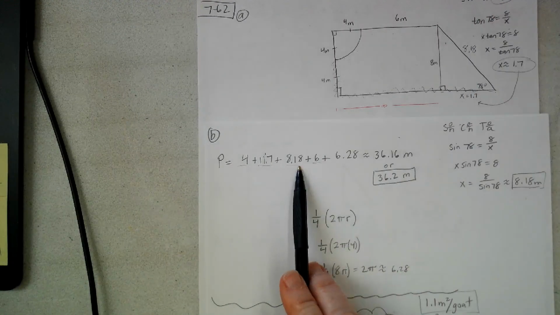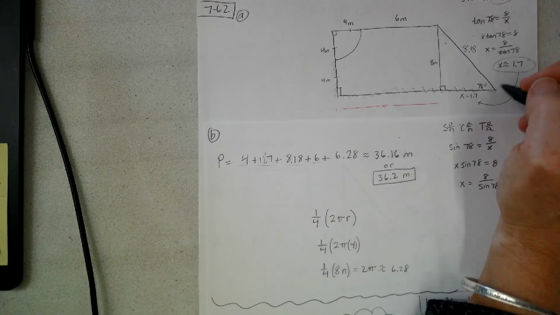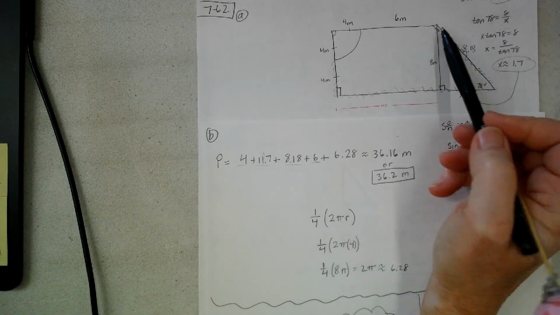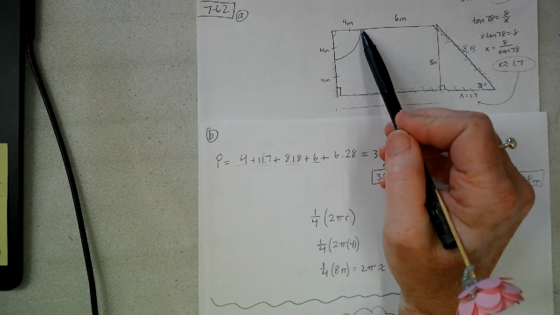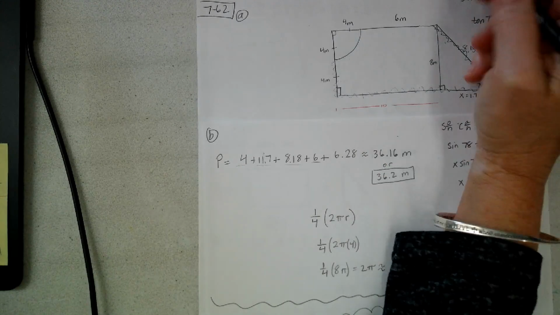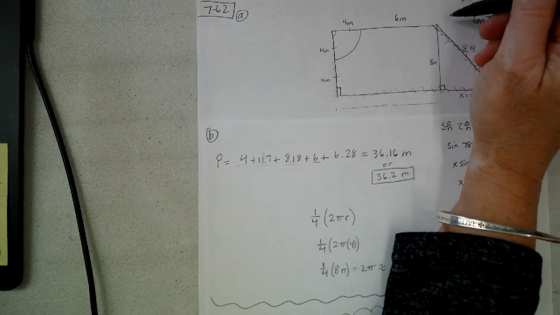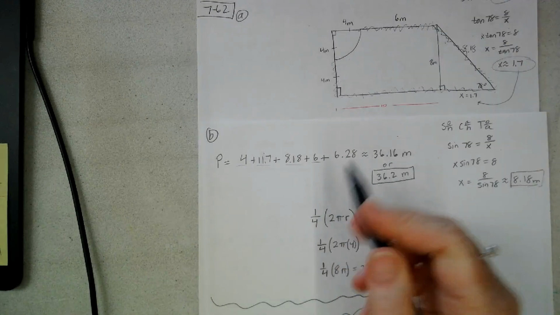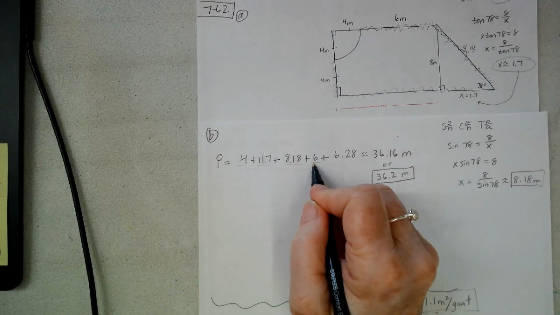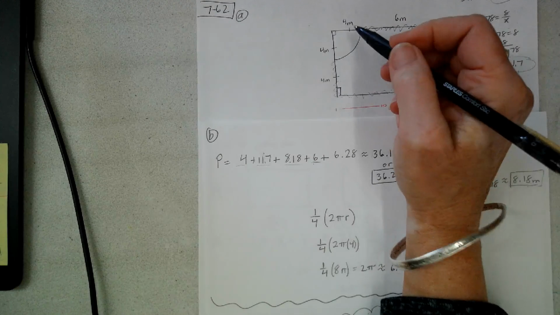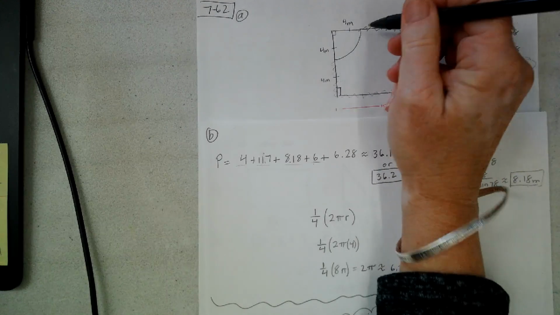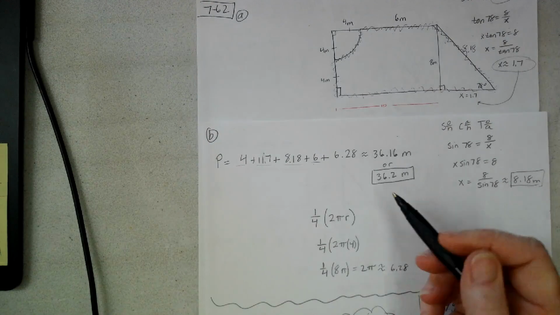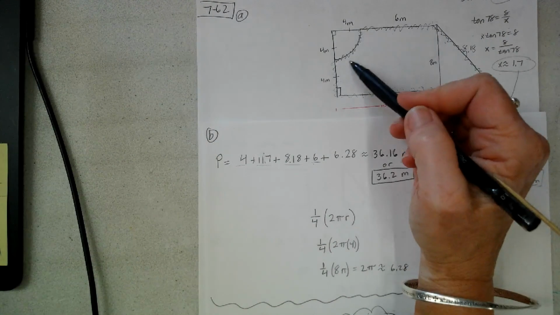So I'm right here. I'm working my way around. Then I'm going to go across the top, but I'm going to stop right here. So this is going to be, there's my 6, and then I'm going to take this path around right here. So that turned out to be 6.28.